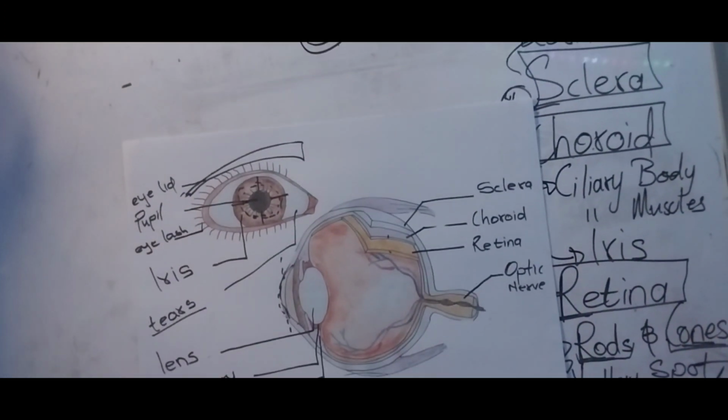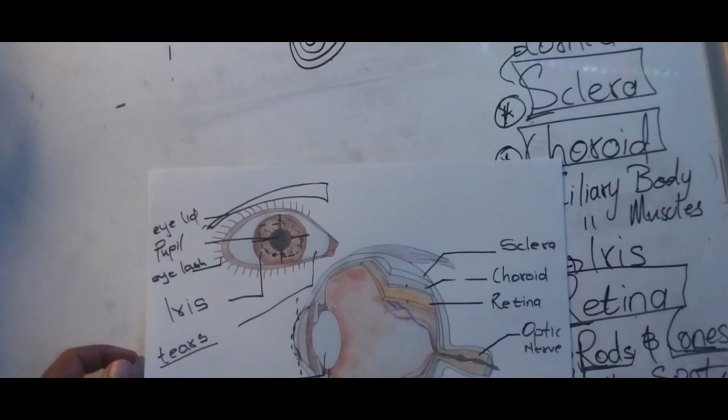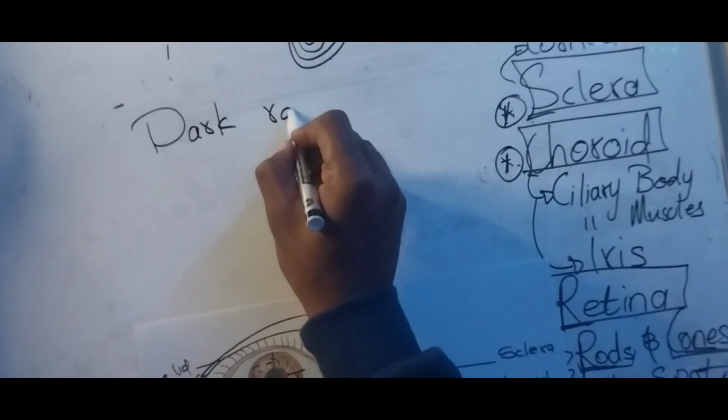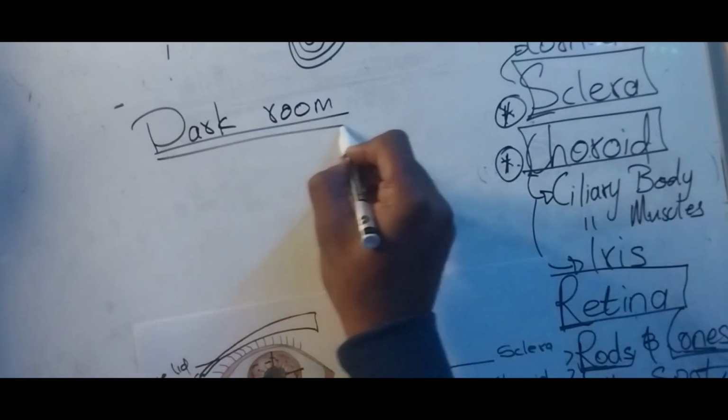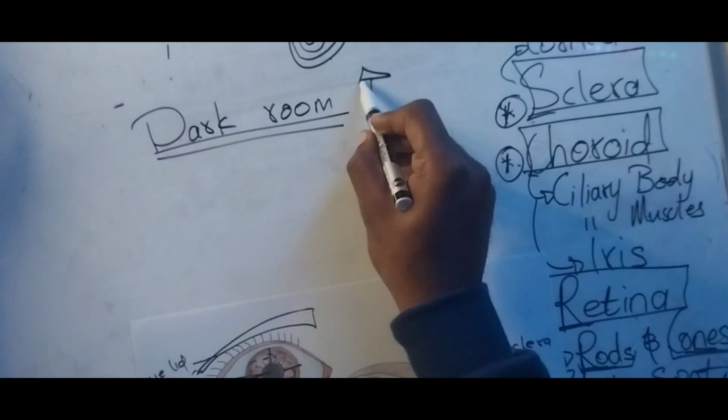Okay? So, what is happening during pupillary mechanism? So, I told you that pupillary mechanism, that's where we're talking about the pupil size. Let's say now, for example, we are in a dark room. Ne? We are in a dark room. So, by nature, I think you know that when you're in the dark room, the pupil size is going to increase.